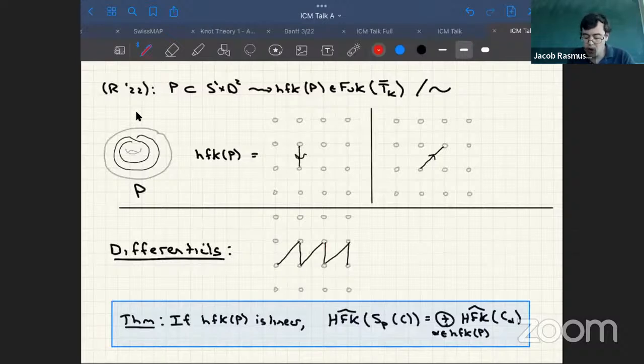So we'll call little HFK of P linear if that's the case. It's a union of these line segments. And then in a purely formal way, there's a nice formula for the knot Floer homology of the satellite, if this HFK hat of P is linear, in terms of knot Floer homologies of Dehn fillings of the companion. Now I think I'm out of time and we'll stop.